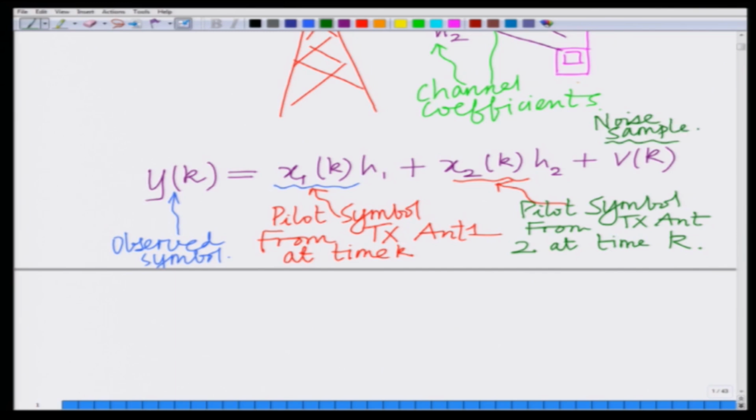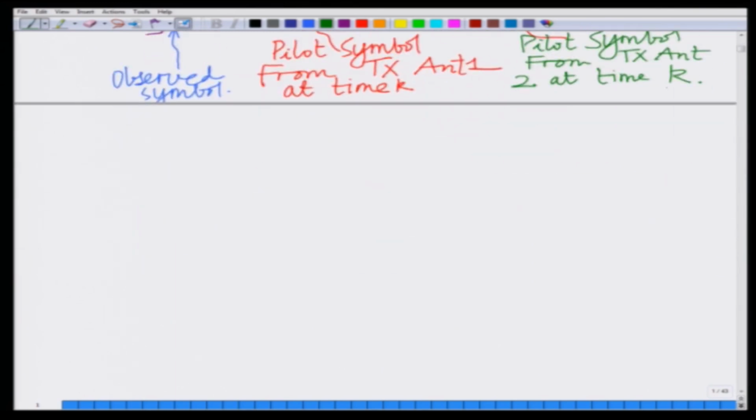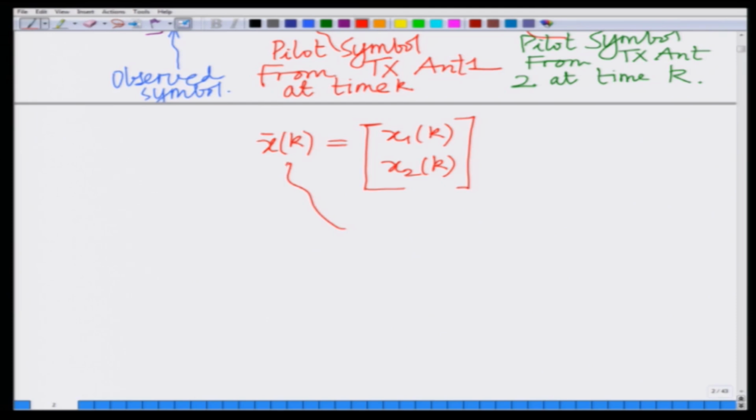This is the noise at the receiver. Now, going back to our system model, our pilot vector at time instant k is x1_k, x2_k.